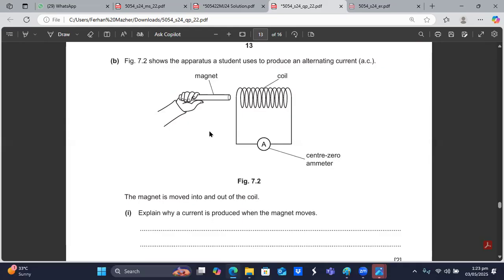The magnetic flux which is passing through this coil is changing, and this is Faraday's law of magnetic induction, that when the magnetic flux passing through the coil changes, automatically EMF is induced in that coil. So the current is induced in that coil.